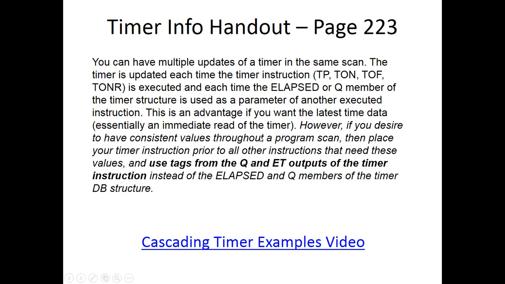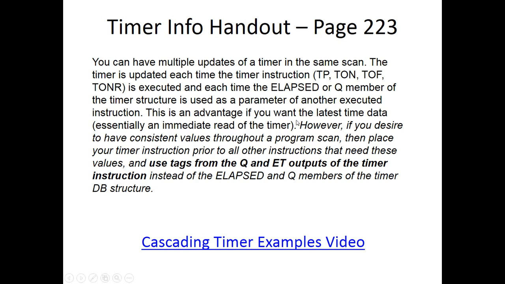But if you're reading farther down in the ladder and you look at the Q of the timer that's up here, when you look into that timer, no matter where it's at on the rung, the timer is updated, which means that depending on how you programmed it, it could be reset. That timer could be reset 3 times in the middle of a scan, which means it's never going to time out. Let's say you had a 1-second timer. That timer is never going to get to a second because the scan is only a few milliseconds.